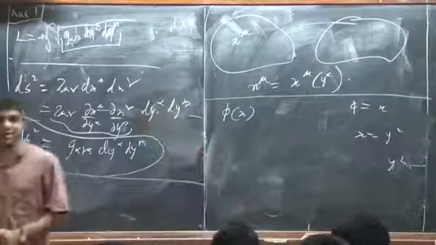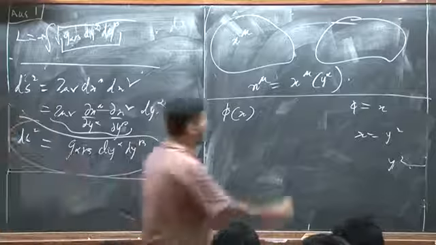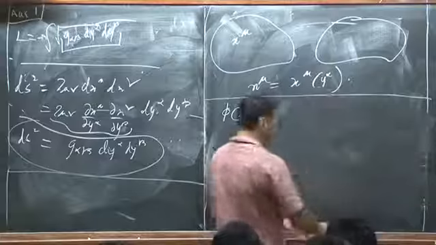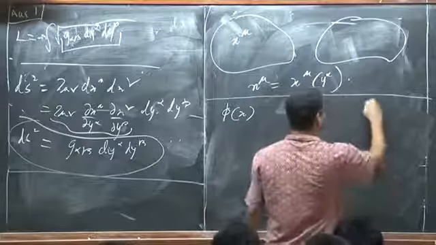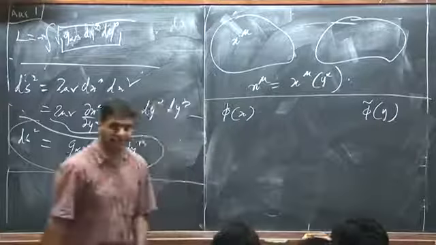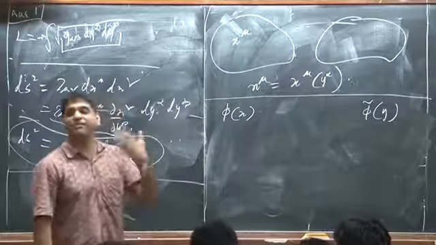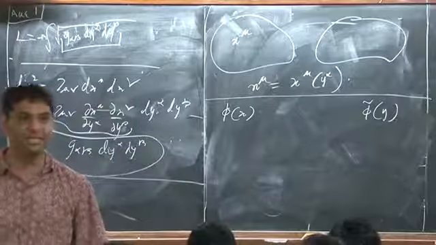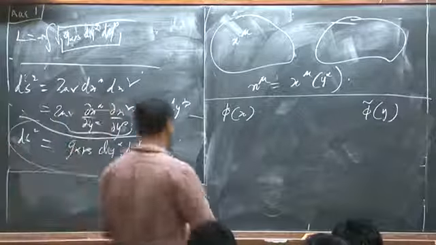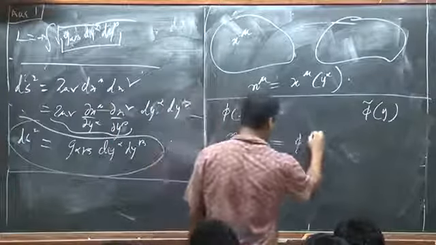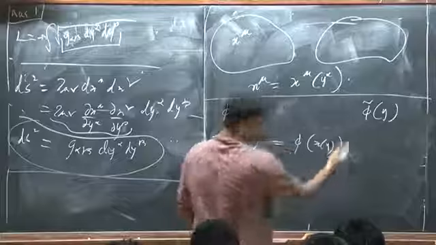So the first question that we want is: what is the function? Suppose your friend wants to associate the function phi tilde of y. He wants to write what phi tilde of y is, the number as a function of his y coordinate. And the answer is, of course, phi tilde of y is equal to phi of x of y.